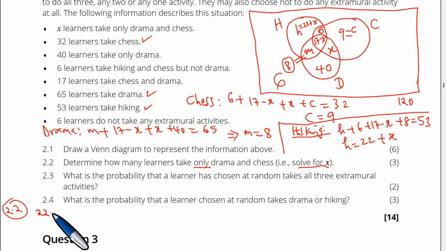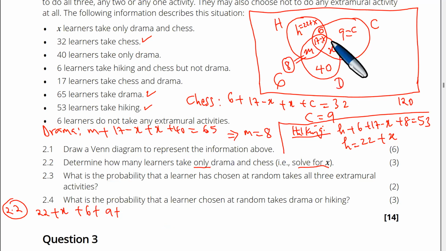We take the 22 plus x, which is for hiking only. We add 6. What else? We got m, for instance. We add 9 as well. Doesn't matter, you add everything up.